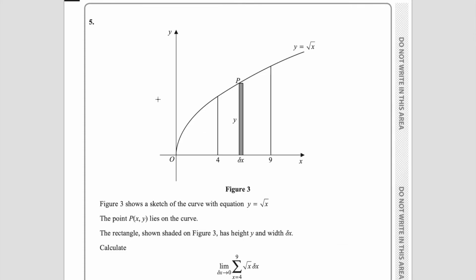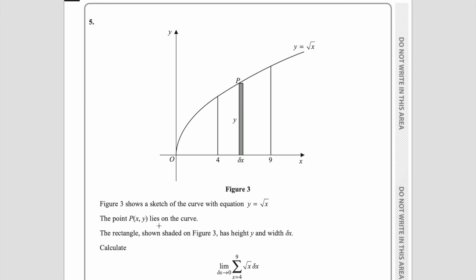For question number 5, we're given what seems like quite a nasty question. We're given this curve here, y equals the square root of x, and we're told that the point P, (x, y), lies on this curve. And we're told the rectangle shown on figure 3, this shaded rectangle here, has height y and width delta x, okay?